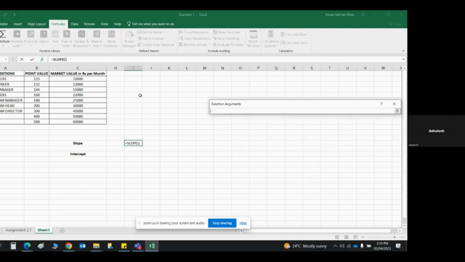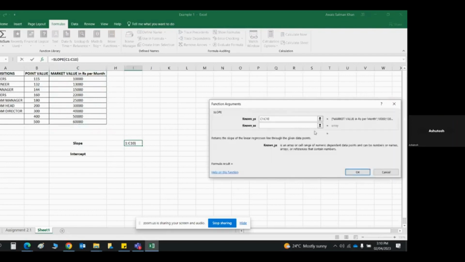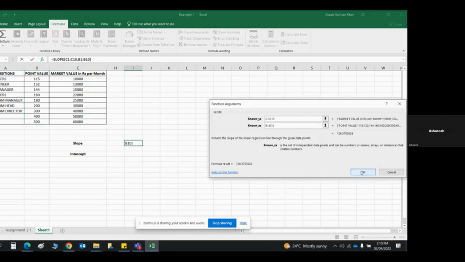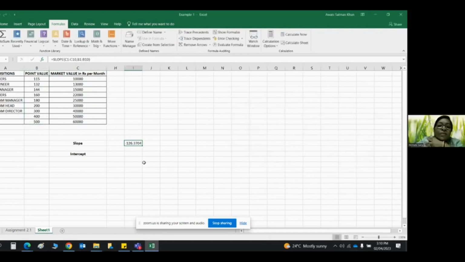Y is what? Market value. Yes, market value is Y. And known X's will be your point value. Okay, all right. Now intercept.